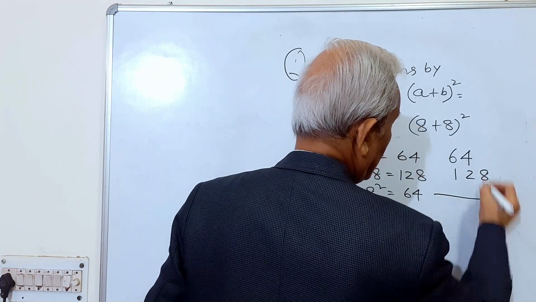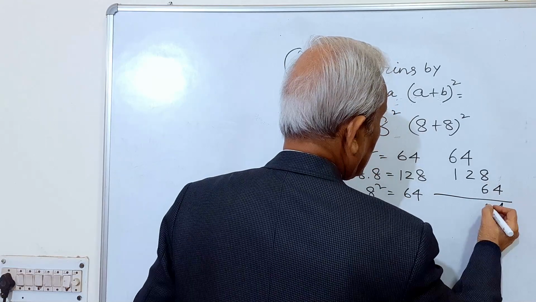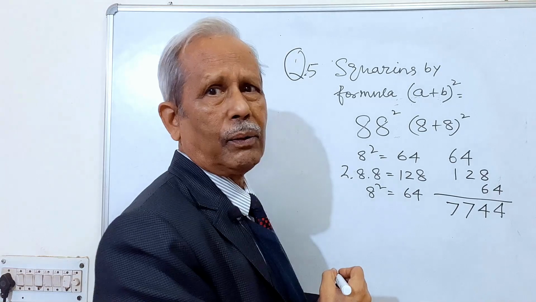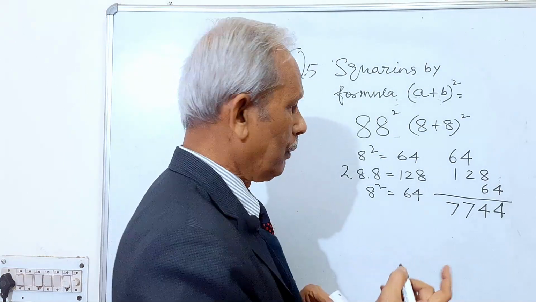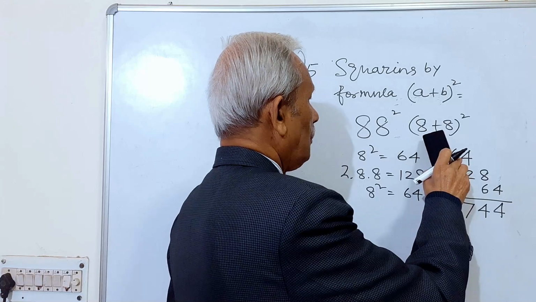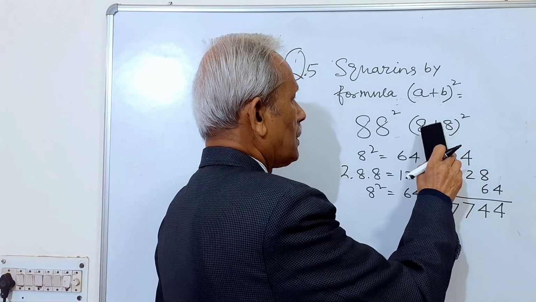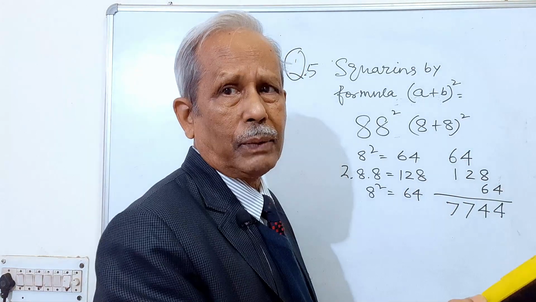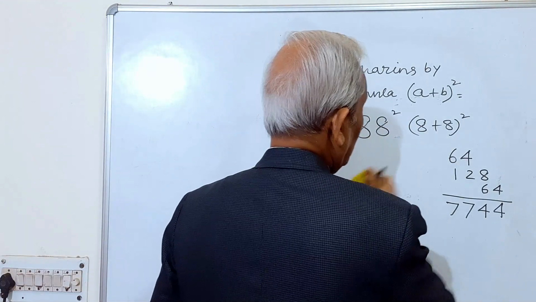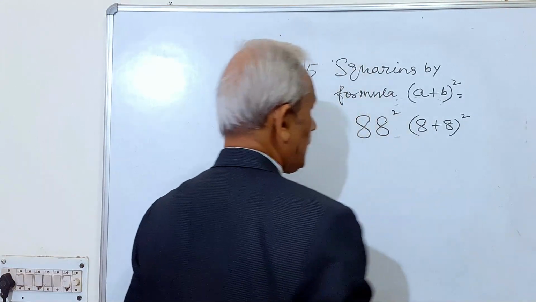And the answer is, just add it: 7744. Quite simple. The only thing is you have to shift by the number of zeros in the second place, as many as the number of zeros. Accordingly you shift the numbers, place them and then add.